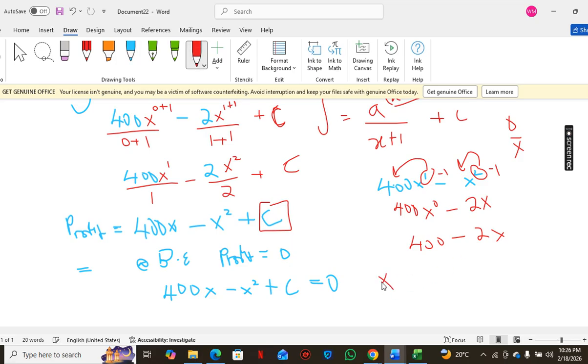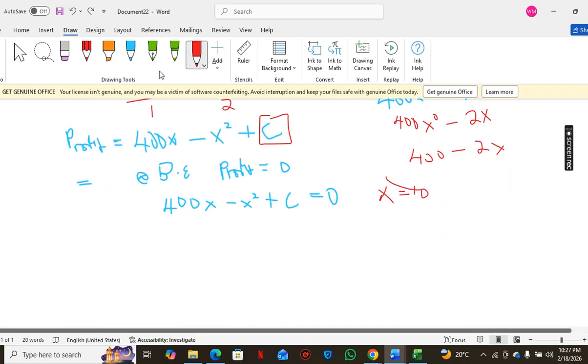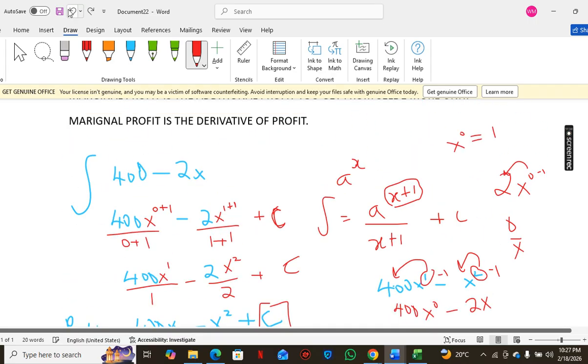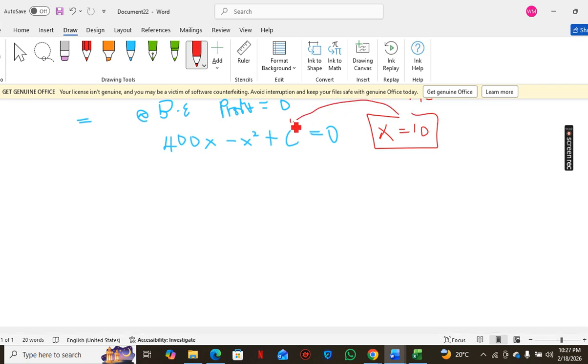Remember, x represents the number of units. So x equals 10. We're going to substitute x equals 10 into the profit function.